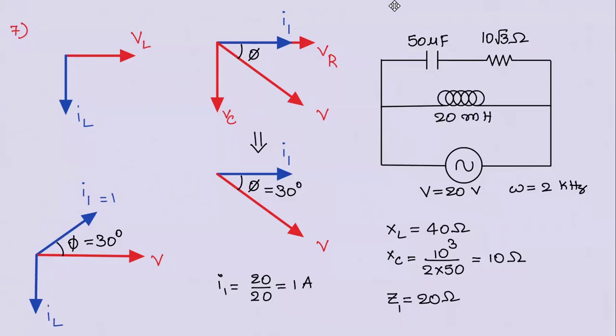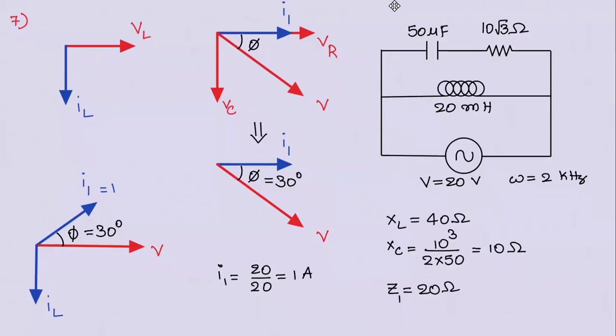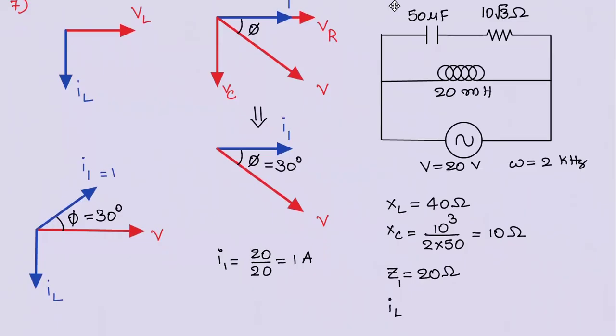IL we need to find. IL is easy to find. Current in the inductor will be equal to voltage by resistance. In case of the inductor, the resistance is 40. That is equal to 0.5 ampere, right? Yeah. IL is equal to 0.5.